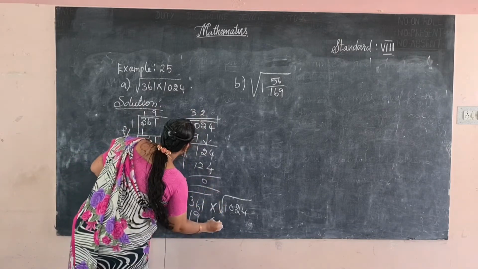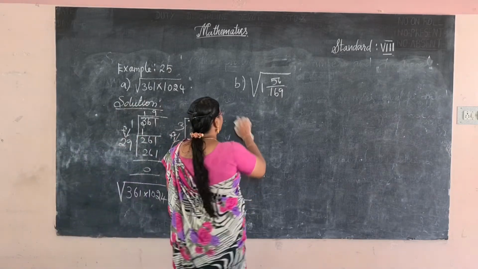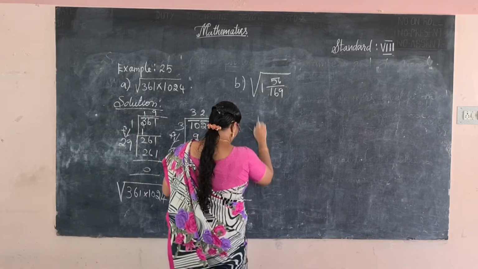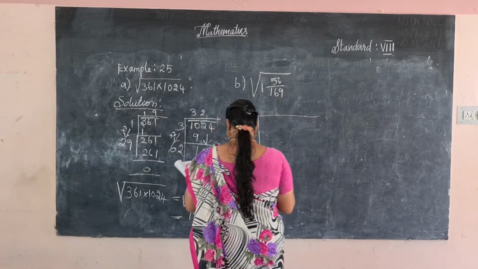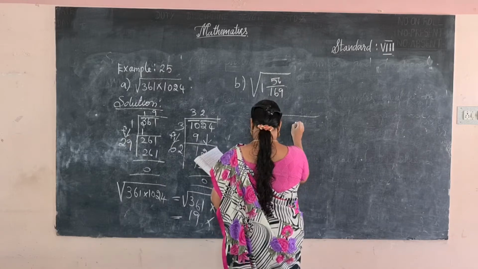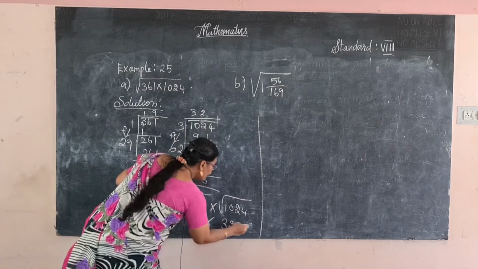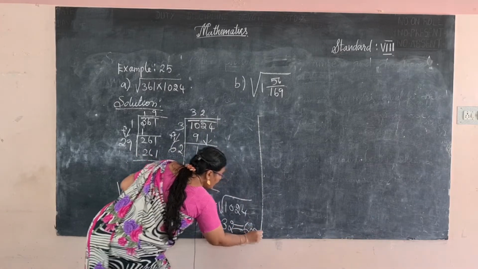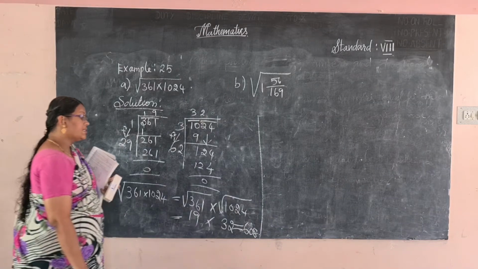The square root of 1024 is 32. So what is the value of 19 times 32? 608. Multiplying 19 by 32 gives 608.